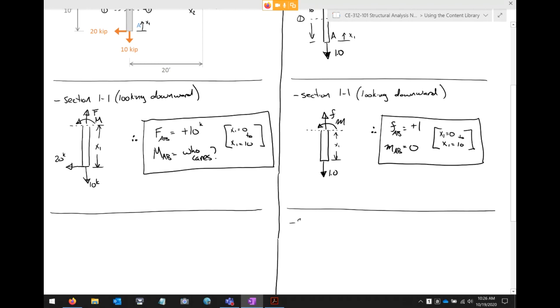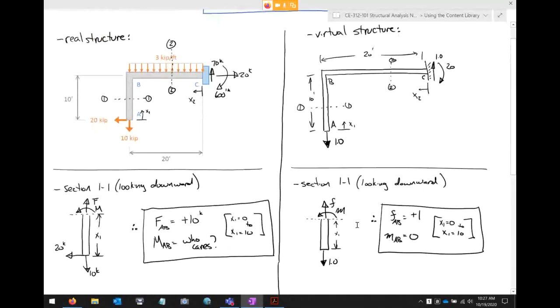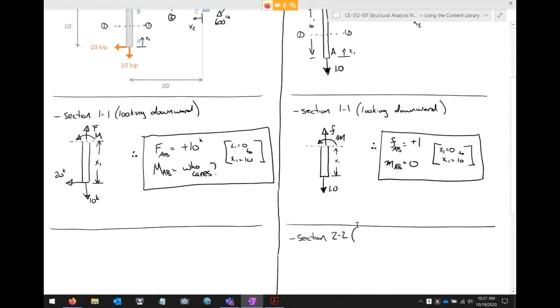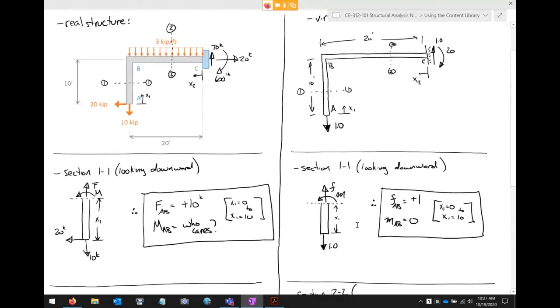All right. Let's look at section 2-2. And I'm always going to look towards the origin. So when I cut a section, I look to the right. I know there's a fixed support there, but I could either cut a section and look towards that fixed support, or I could cut a section and look towards all that mess on the other side of the section.